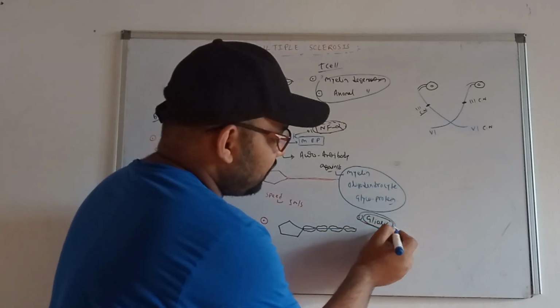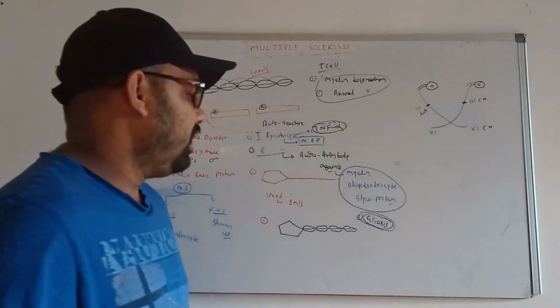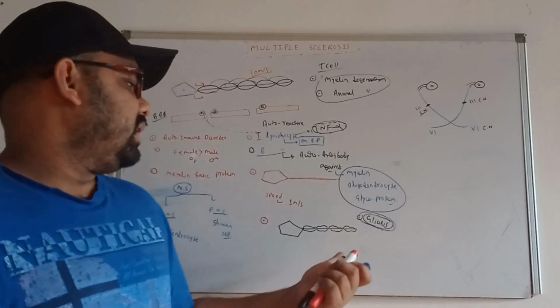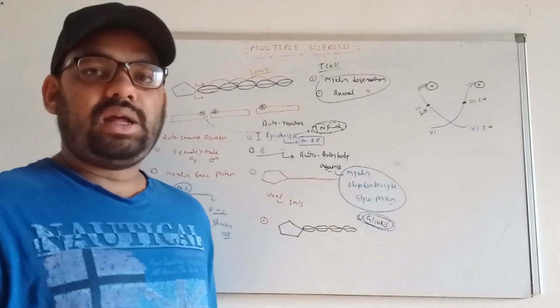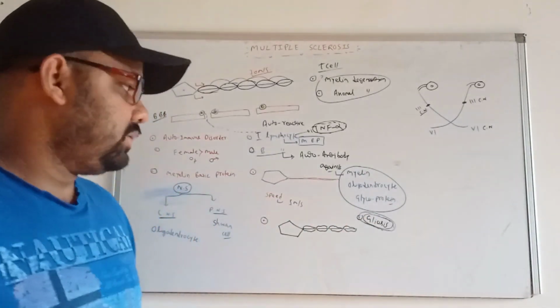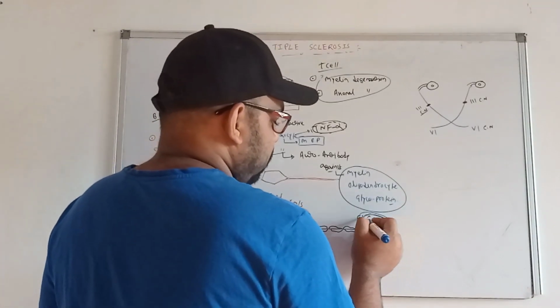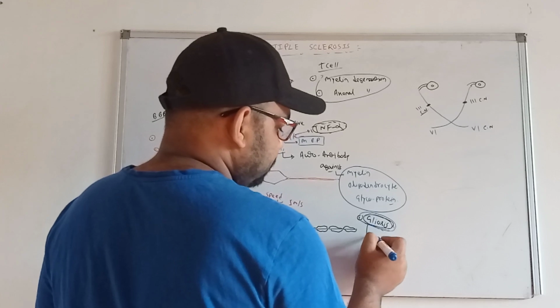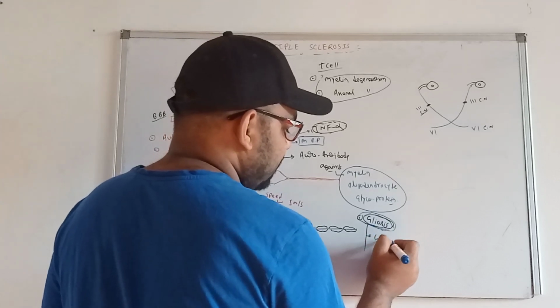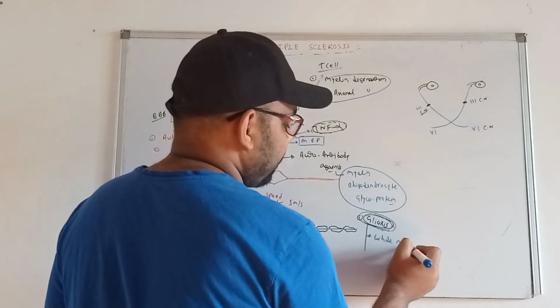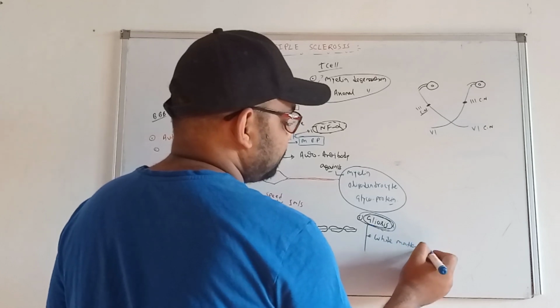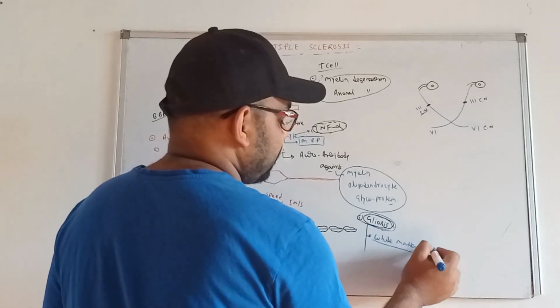At the end of the inflammation, we will see fibrosis, but in neurological language that is known as gliosis. So once the gliosis is formed over here, where will it be found? It will be found within the white matter area.